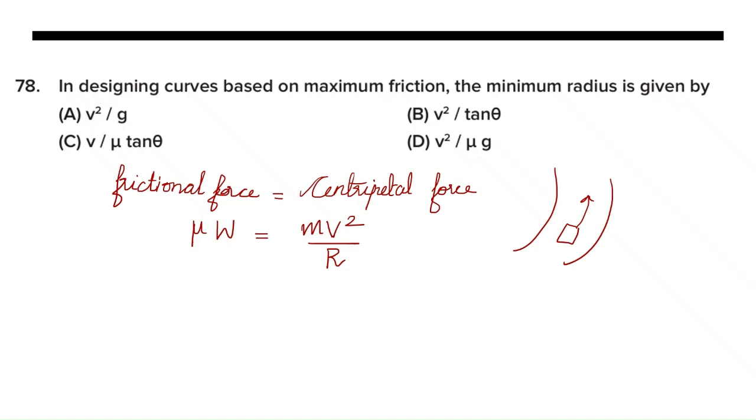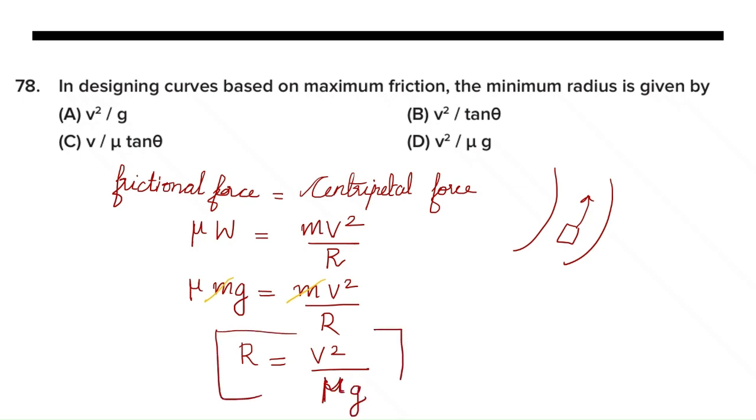W is weight. Weight is nothing but mass into acceleration due to gravity, so mu mg is equal to m v square divided by r. We can cancel these two m's from both sides, and radius of curve r is equal to v square divided by mu into g. So option D is our answer.